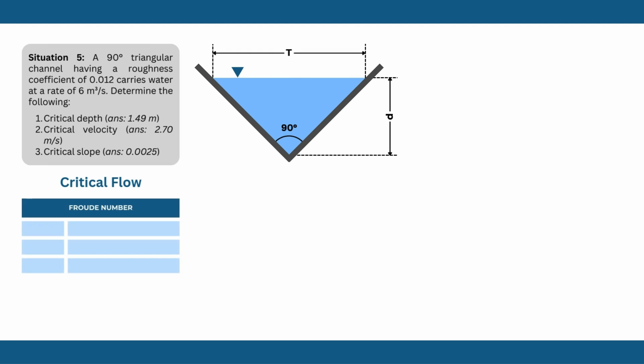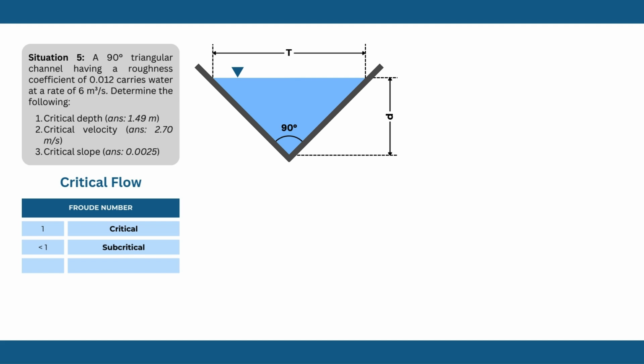So when we want to get the critical flow of a channel, the value of this number must be exactly equal to 1. If it is less than that, yun yung tinatawag natin subcritical flow, wherein yung characterized velocity nito is on the lesser speed.